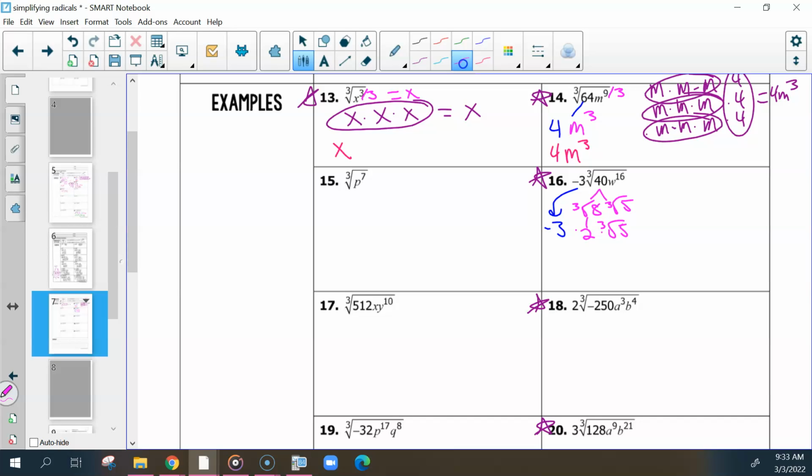And then you could do any of the 3 methods here. 16 is not divisible by 3, but you would need to find a number that is. The closest one would be 15. So I'm going to do all 3 methods, and you choose which one you like the best.